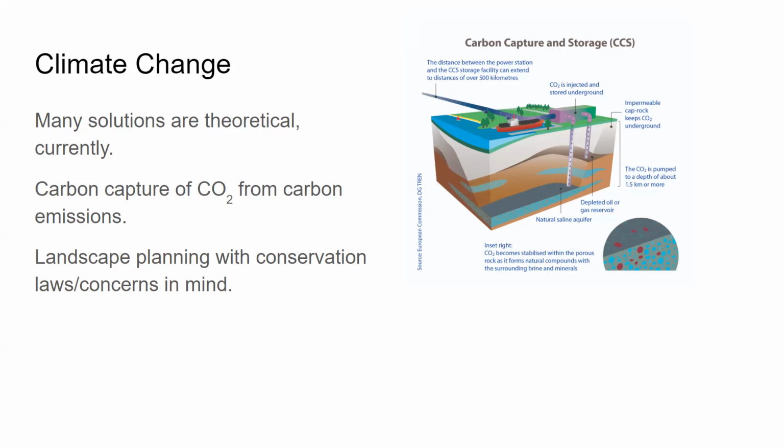Another option that has been done now is just planting more trees in places. A lot of organizations have come together to try to just plant more trees, because that is the most natural way of cleaning the air. It will use the CO2.